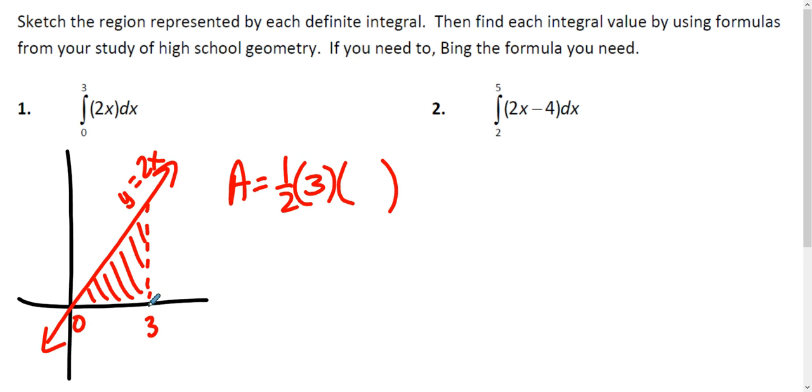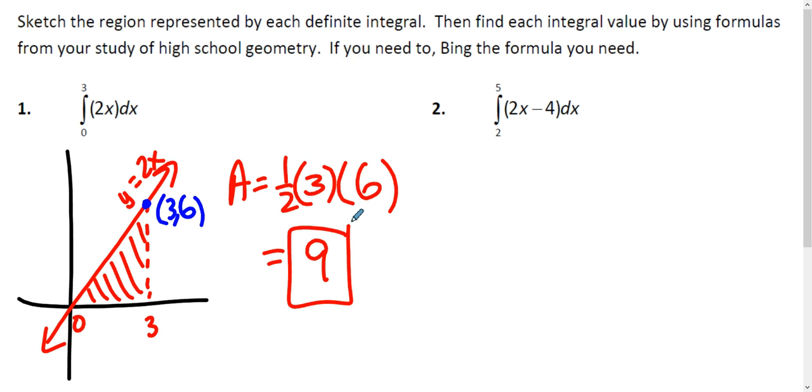The height is whatever this height is. Well, how tall is that height? What are the coordinates of that point? We know it because that's the equation of the line, so that's the y value. And if that's the y value, that's the height. And sure enough, the area turns out to be 9.